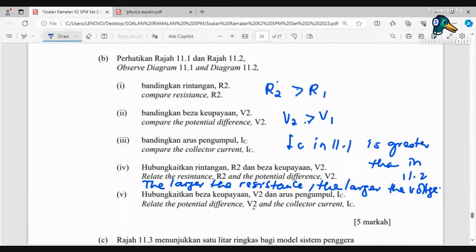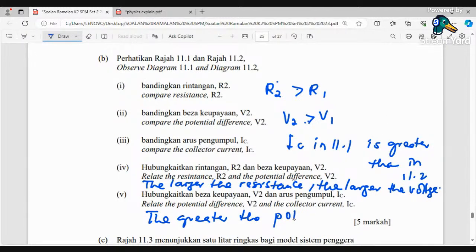Relate potential difference and collector current. Okay, the greater the potential difference, nampak tak dia ni greater. Greater.